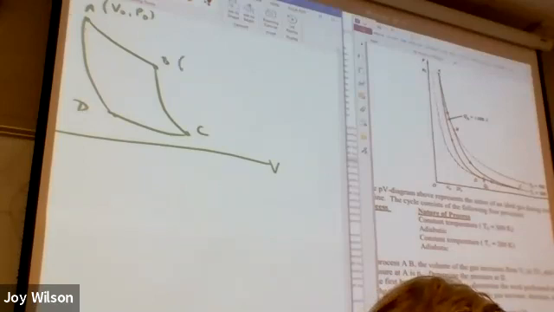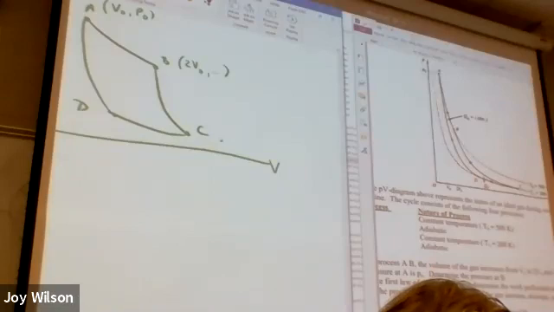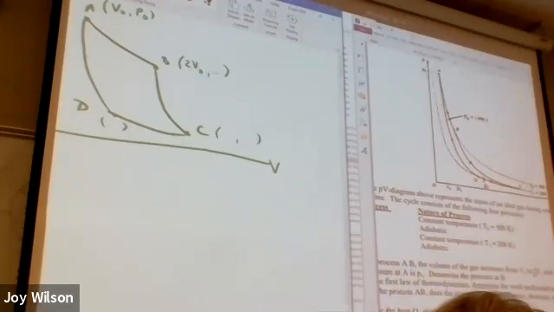For this point B, they don't tell us the pressure, except that the volume is 2V0. For C, we don't know the volume or the pressure, so we don't know either coordinate. And for D, we also don't know either coordinate. So we know some of these, but we don't know the others. They're going to give us some instructions on the other parts.